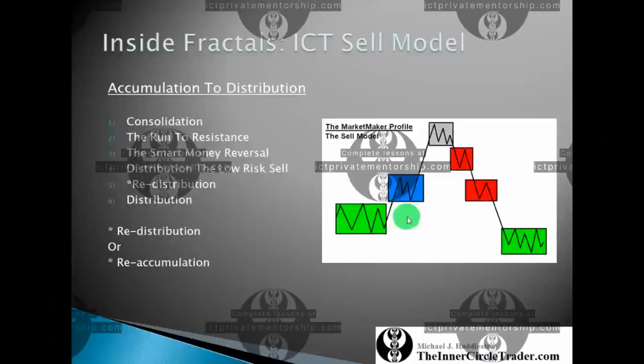So the initial consolidation in here is an accumulation phase. The market will move into the run to resistance, and then the next stage is the smart money reversal.